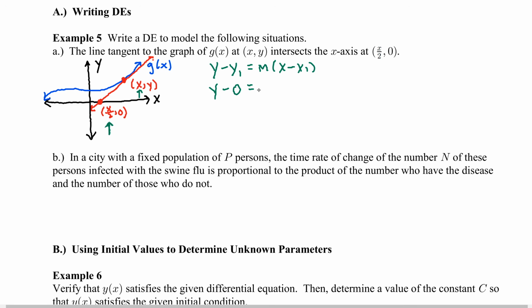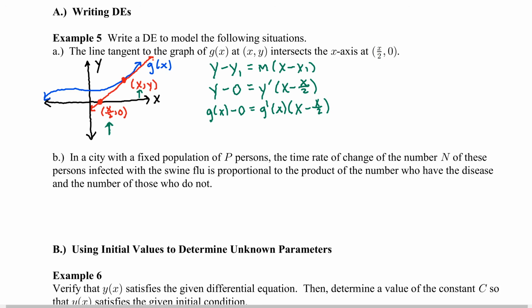We know the slope of this curve would be given by the first derivative y prime, and x1 here is x over 2. Now remember, we named our function g of x. So another way to write this would be g of x minus 0 equals g prime of x times x minus x over 2. So believe it or not, you just wrote a differential equation.